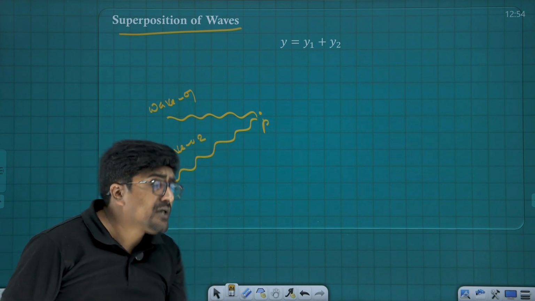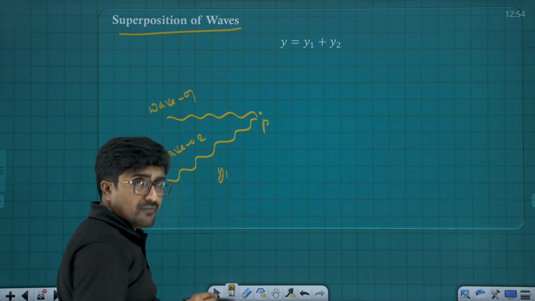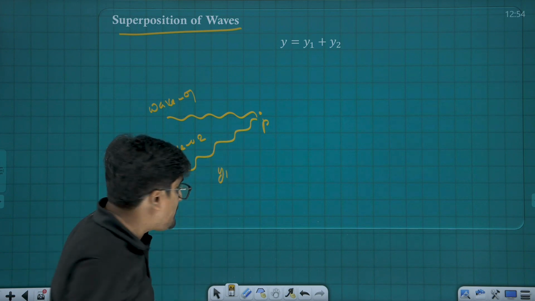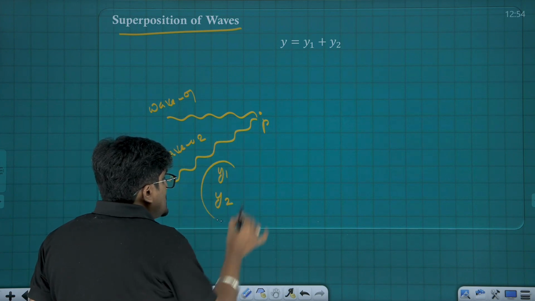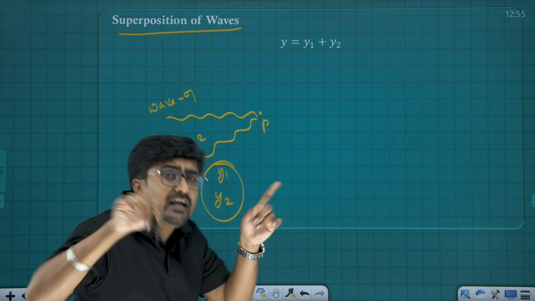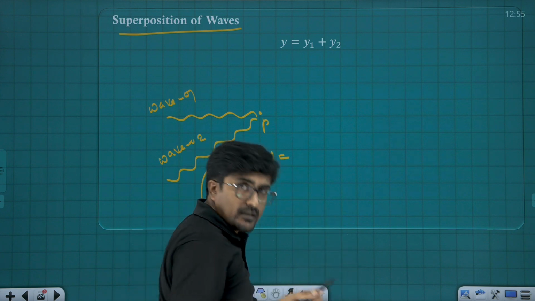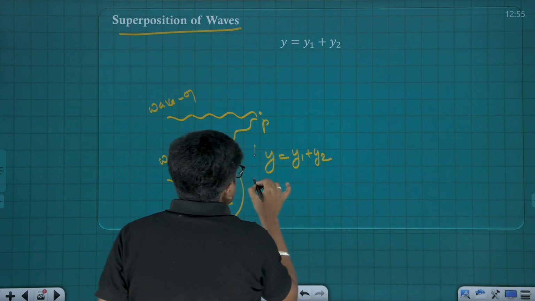If wave number 1 was individually passing through point P, it would have created a disturbance of Y1. And if wave number 2 was individually passing through point P, it would have created a displacement of Y2. Now once both the waves are simultaneously passing through point P, the resultant displacement Y needs to be equal to what? Y1 plus Y2.